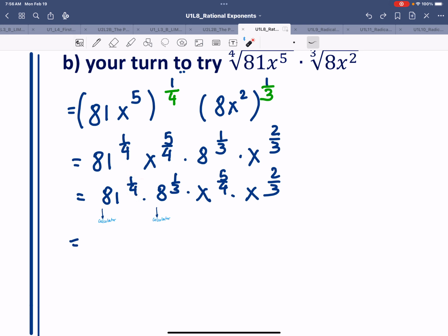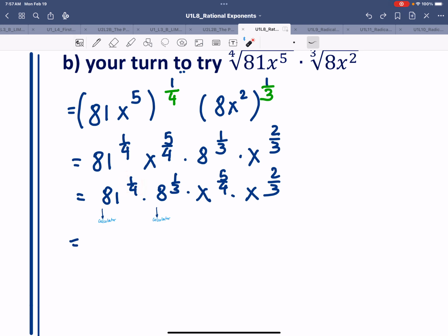If we don't use brackets, then the calculator will recognize 81 to the power of 1 and then divide the answer by 4, which most likely will give you the incorrect answer. Now, some calculators will recognize the bad math, so they'll show you on the screen exactly the power that you are inputting, and that can help you, but most calculators don't. So to make sure, always keep the rational power in brackets.